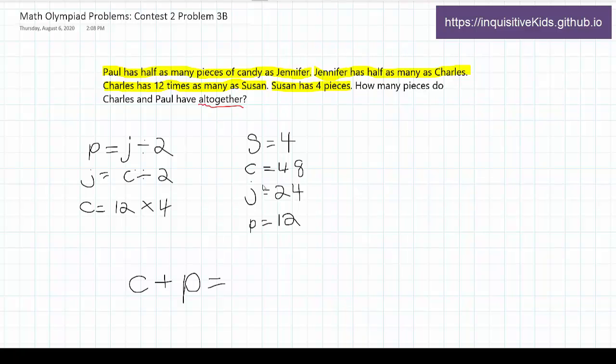Now that we know that C equals 48 and P equals 12, and 48 plus 12 equals 60, 60 is the answer. Charles and Paul have 60 pieces of candy altogether.